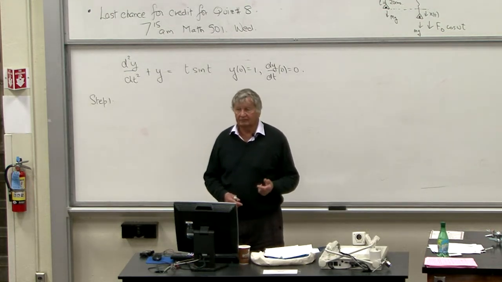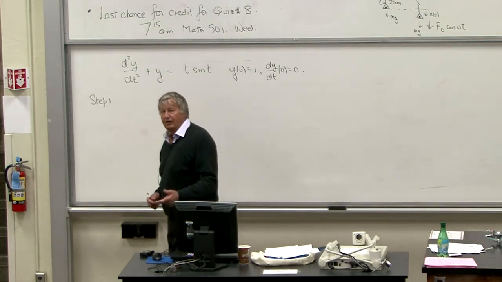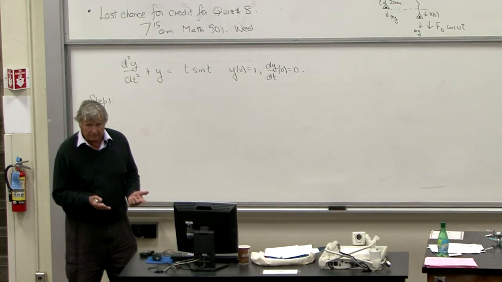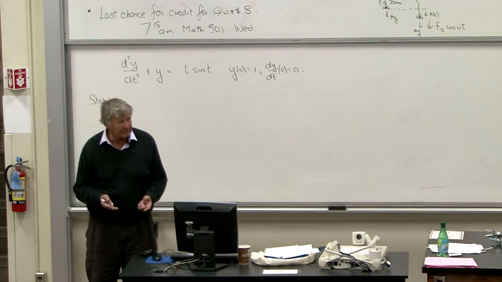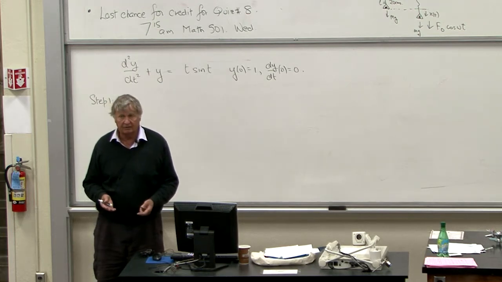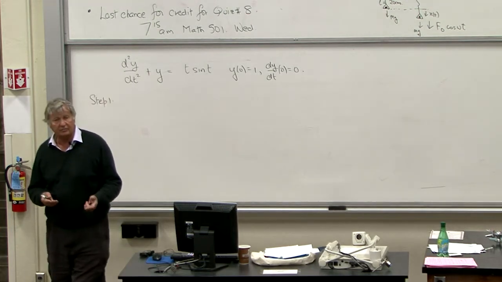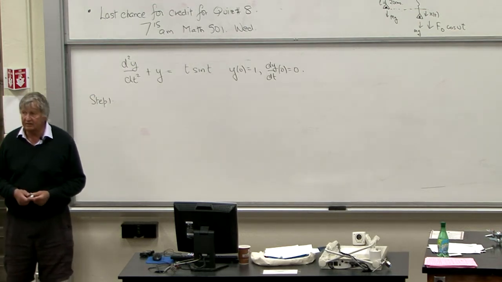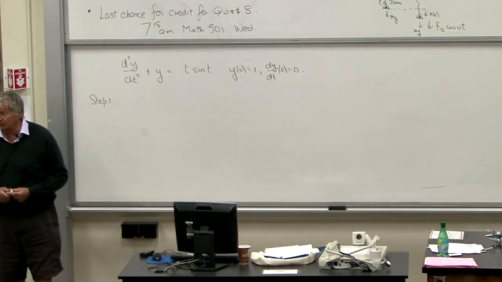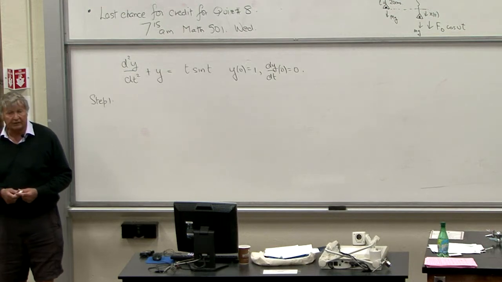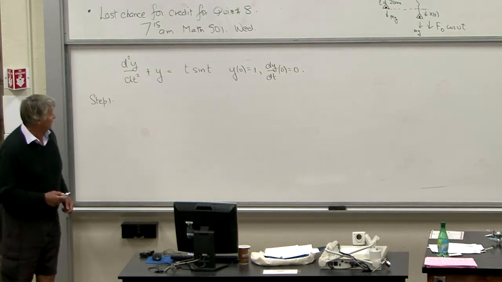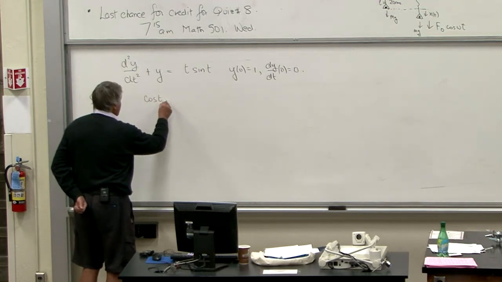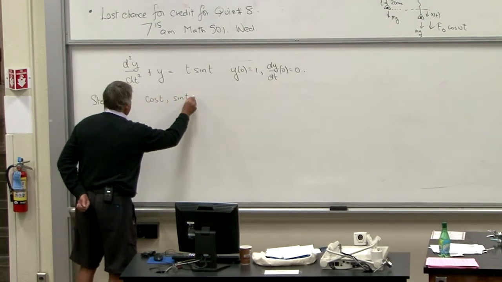All right, e to the it and e to the minus it, but I want real solutions. So cosine t and sine t, right? The combinations e to the it plus e to the minus it over 2 is cosine, and e to the it minus e to the minus it over 2i is real, and it's the sine. So the solutions are cos t and sine t.